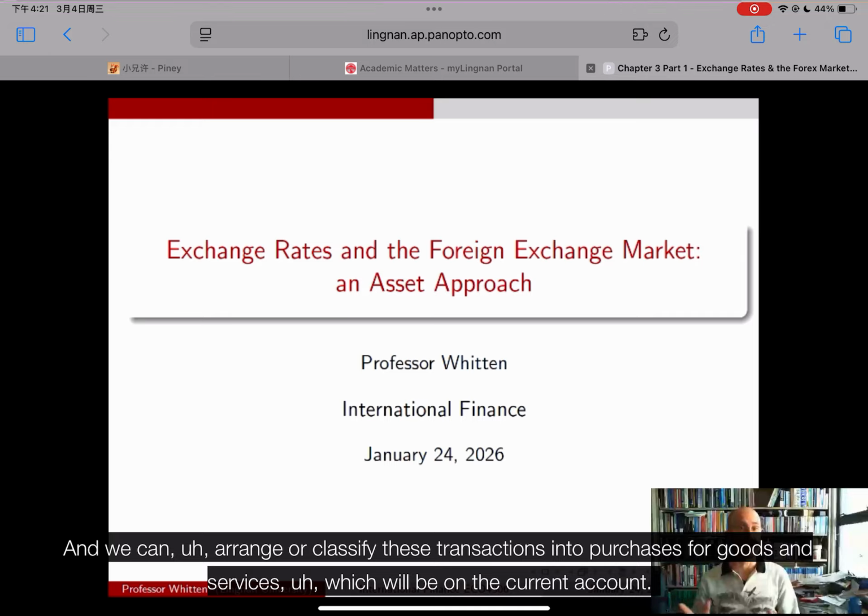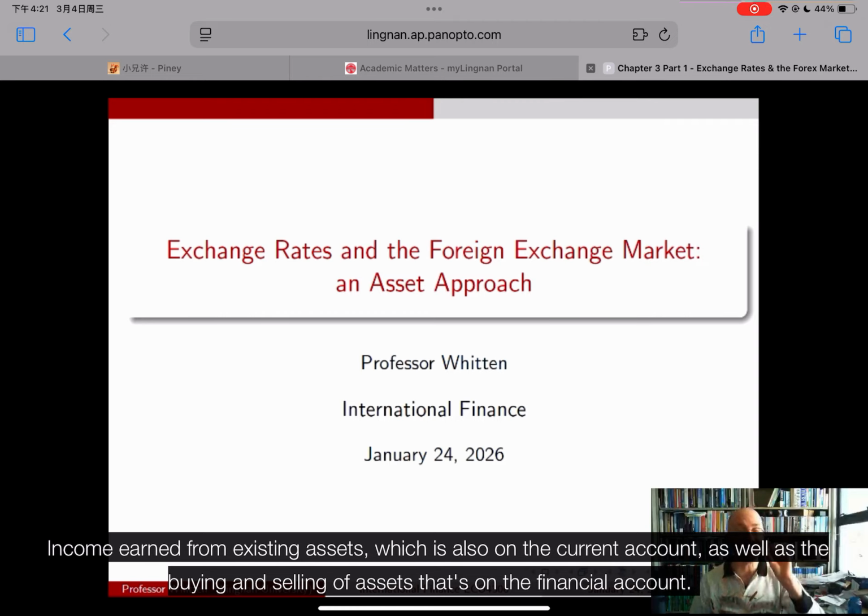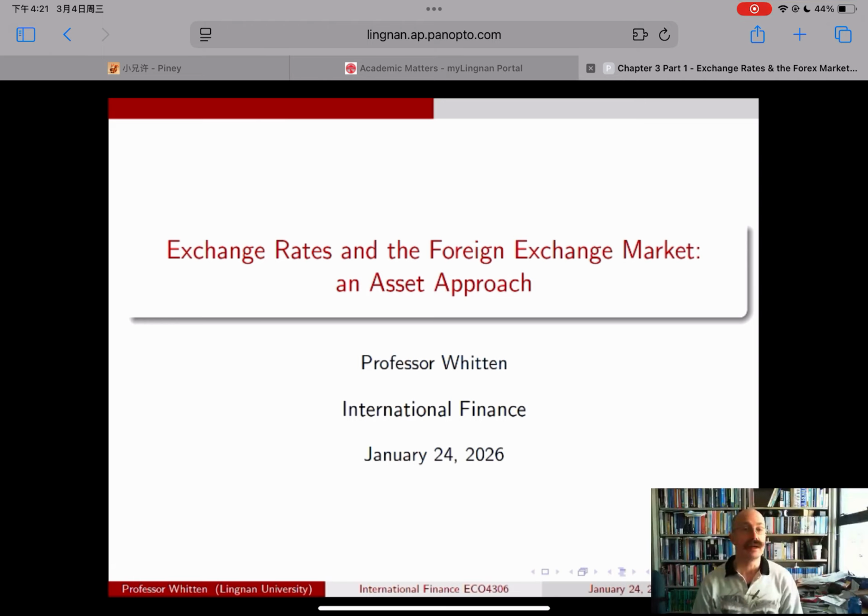And we can arrange or classify these transactions into purchases for goods and services, which will be on the current account, income earned from existing assets, which is also on the current account, as well as the buying and selling of assets. That's on the financial account.